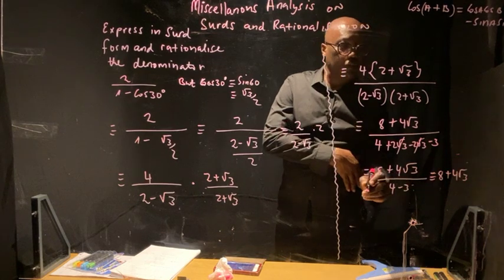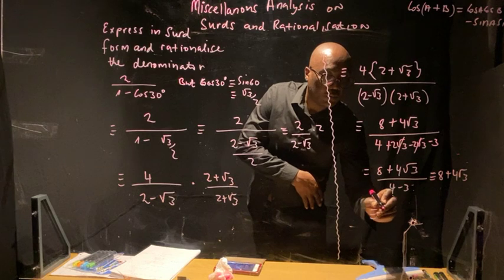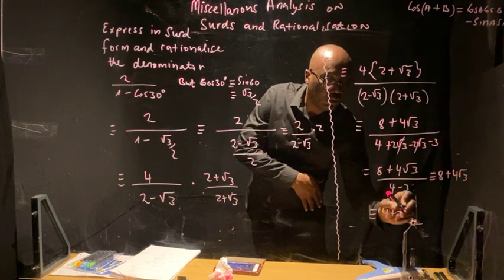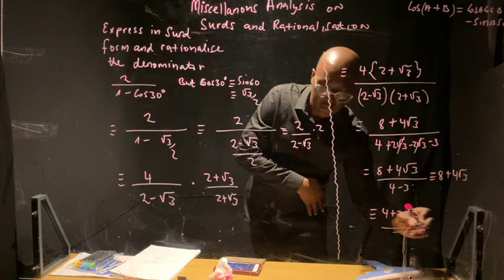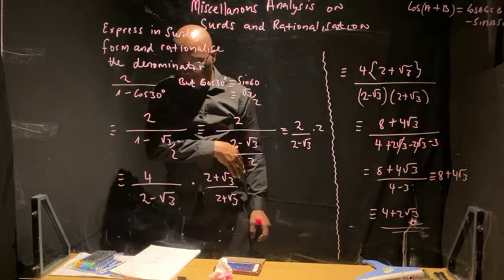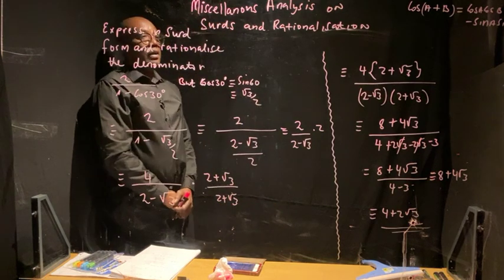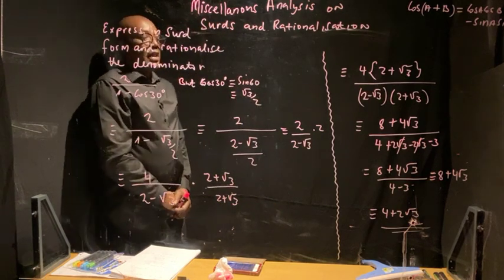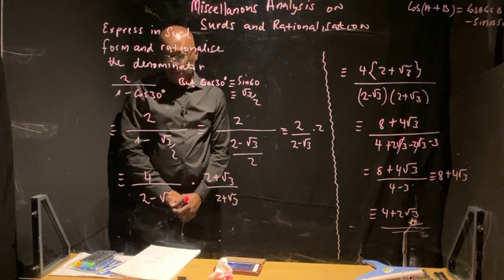Or you can leave it in the previous form as 4 plus 2 root 3. That should be the answer. Good. Take your time to copy it as we prepare ourselves for the next question.